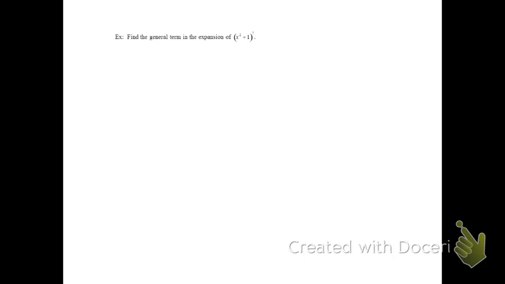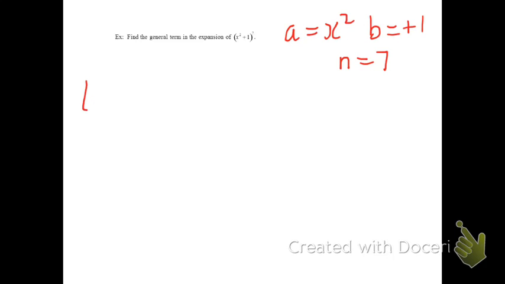Okay, so here is a term here, x squared plus 1, all to the power of 7. So we know that our a term is x squared, and we know that our b term is going to be the plus 1. And we are expecting that our n will be 7. And what we want to come up with is a general term for this expression.